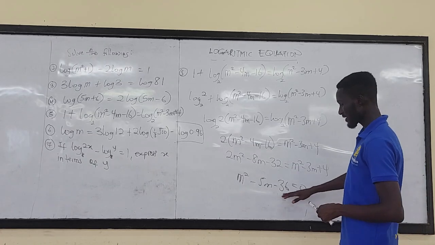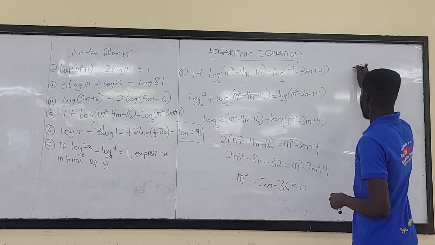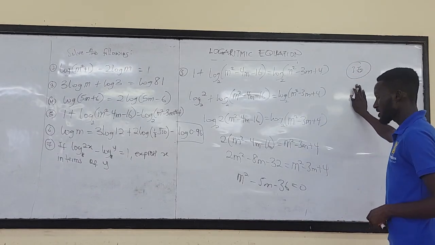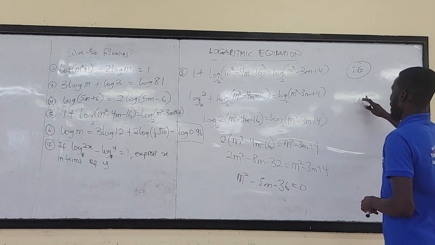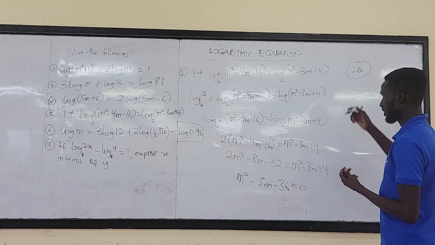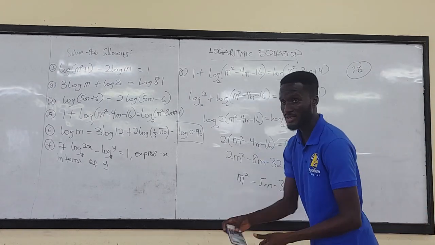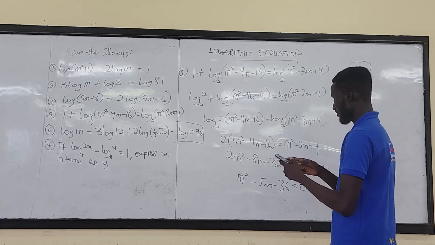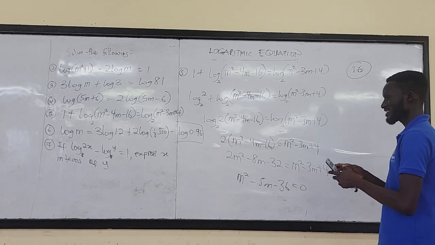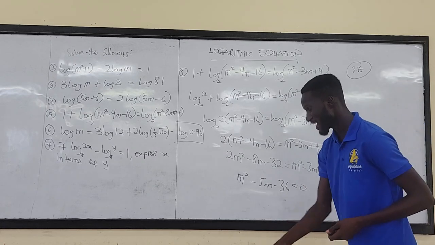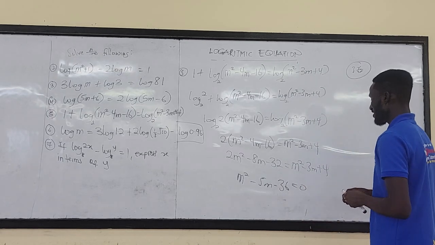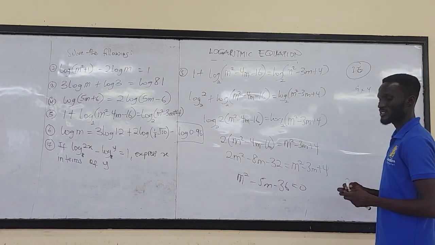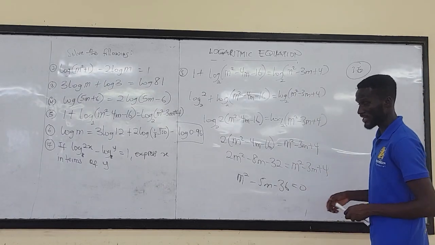Factors of 36: we need two numbers that multiply to give you 36. 6 times 6, we are not going to get the answer. 36 divided by 3, that is 12, no. 6 times 6, 9 times 4. Sorry, it's 9 times 4. 9 times 4 will also give us 36. Check it and see. Yes, 9 times 4 gives us 36.